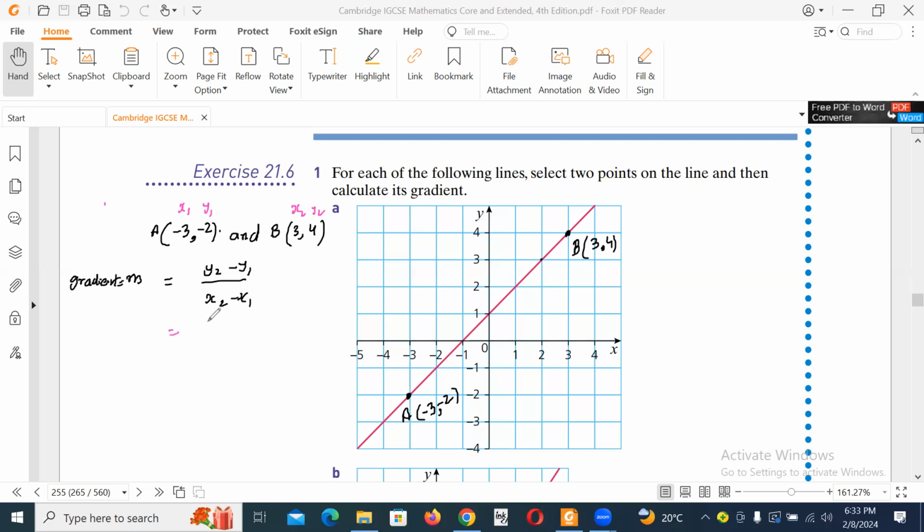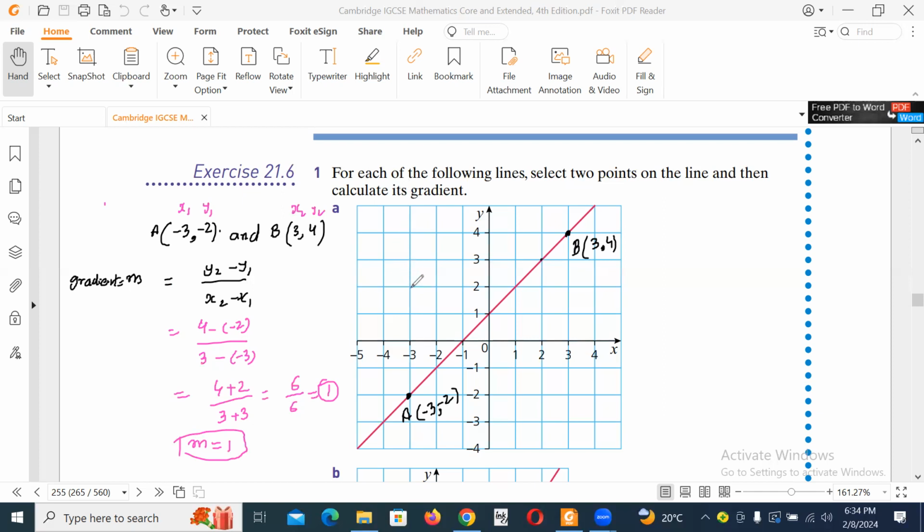So if we replace the values, that means y2 minus y1, 4 minus -2, over x2 minus x1, 3 minus -3. So I'm getting 4 plus 2 over 3 plus 3. That means 6 over 6, which equals 1. So our gradient is 1. This is our required gradient. I hope you understand how we get it.